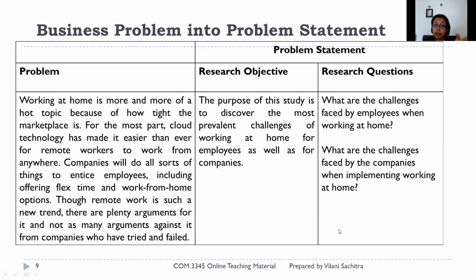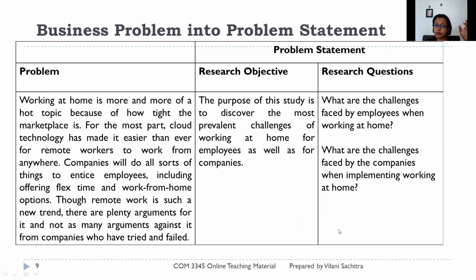But if you set your objective as: the purpose of this study is to identify the most prevalent technological challenges of working at home for employees. Now we have narrowed it down to the technological challenges, right?